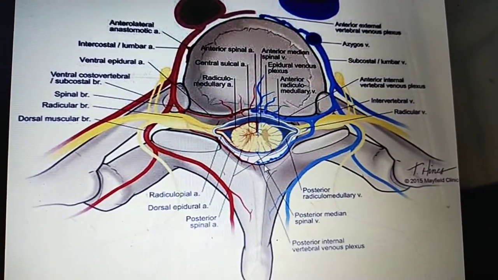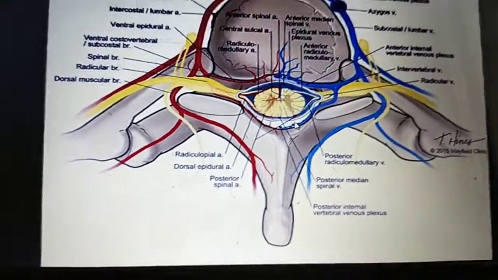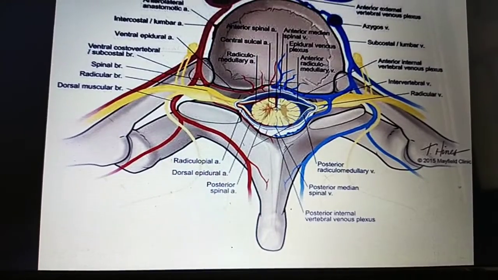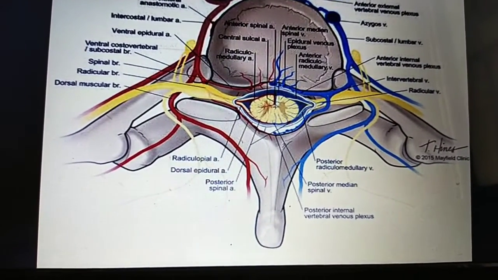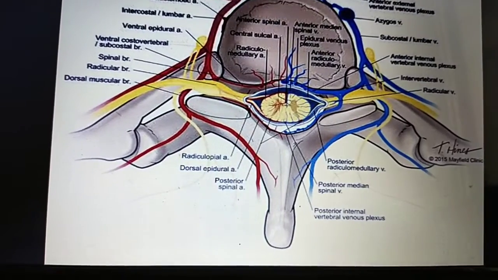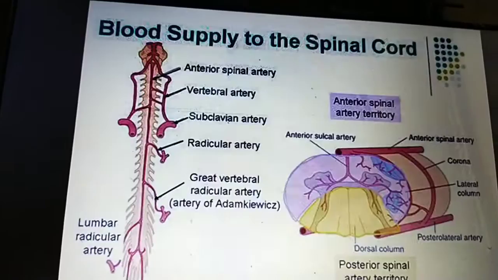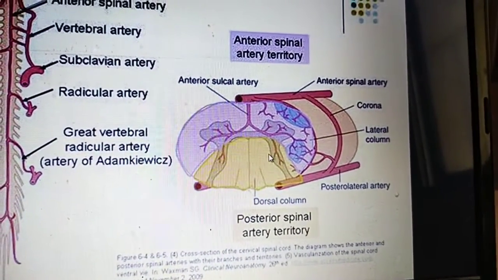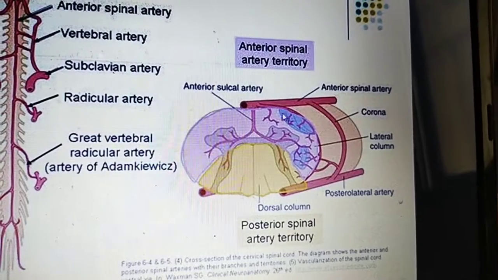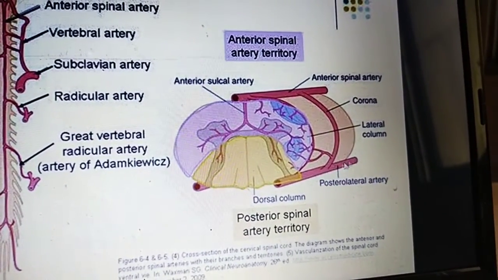And venous drainage is also the same: anterior radicular medullary vein and posterior radicular medullary vein that drain directly into the azygos, or directly into the inferior vena cava. And in this picture you can see the spinal cord. Then this is the anterior spinal artery, and this is the posterolateral spinal artery.